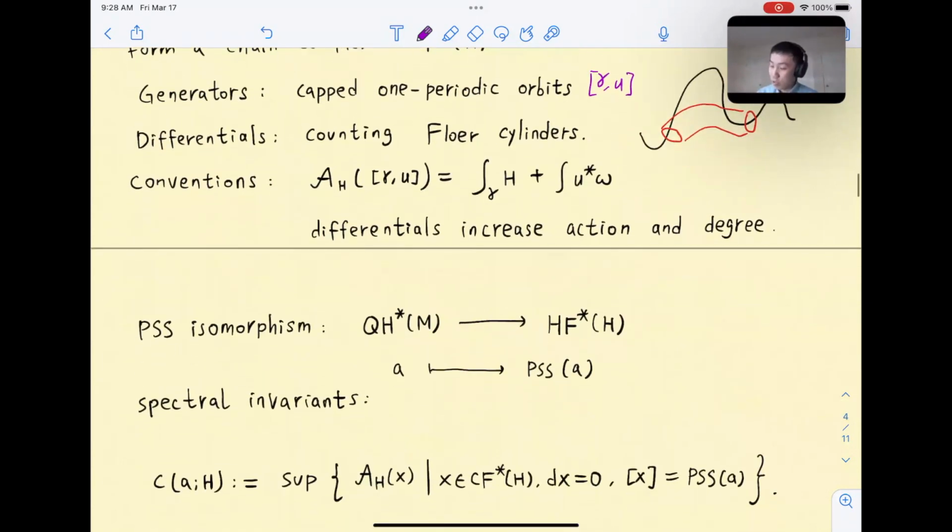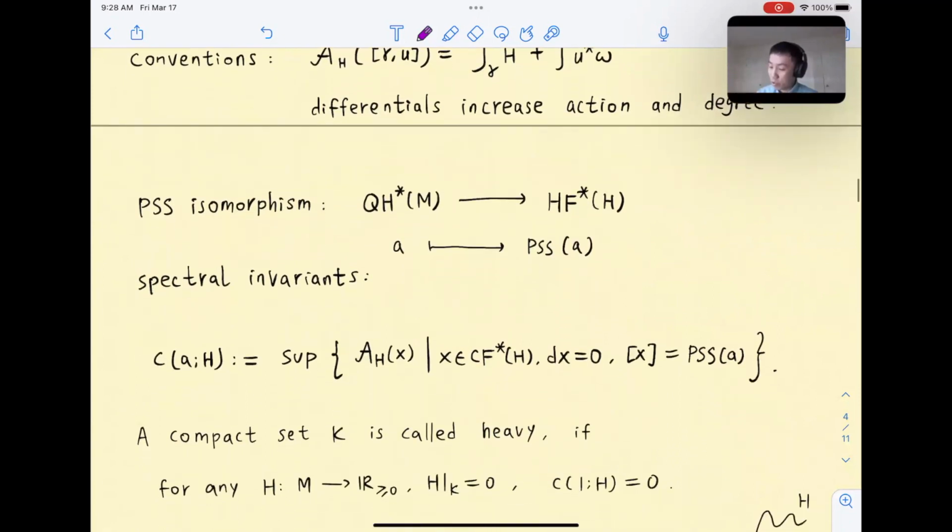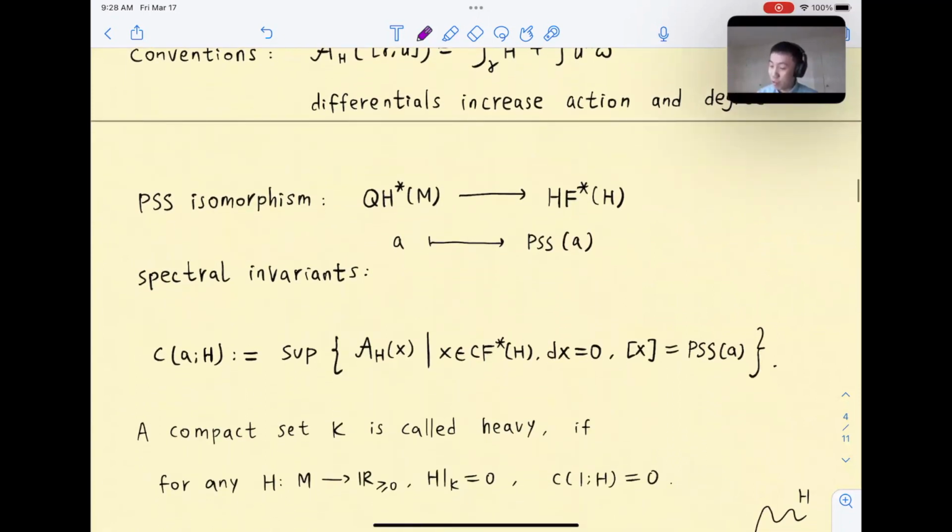Then we can use the PSS isomorphism to define spectral invariants. We have an isomorphism from the quantum cohomology to the Hamiltonian Floer cohomology. The spectral invariant c(a, H) is a function of two variables. One variable is a class a in quantum cohomology. The other variable is the Hamiltonian.